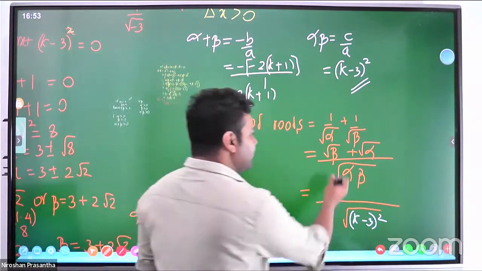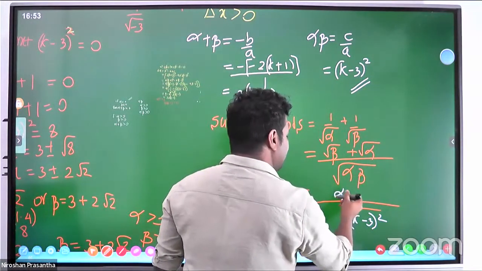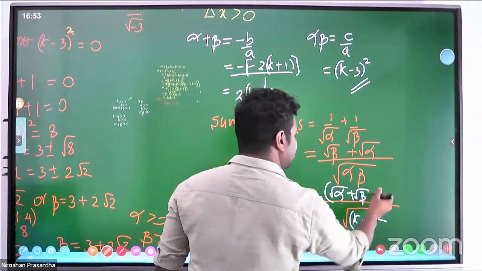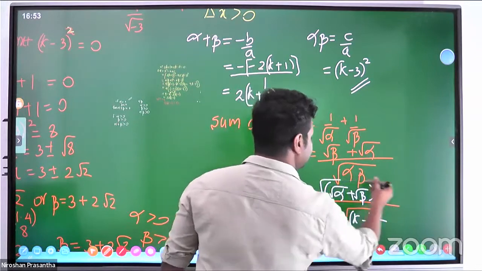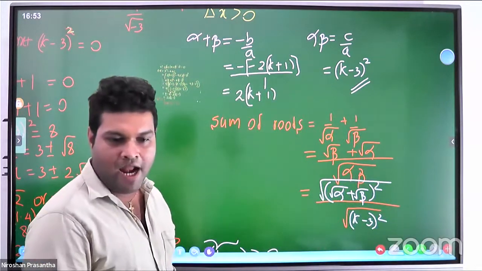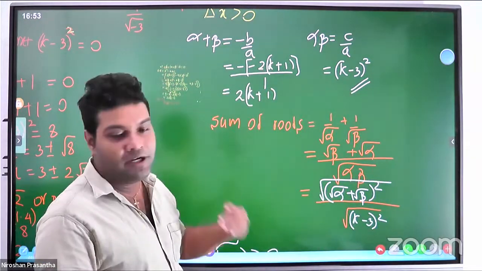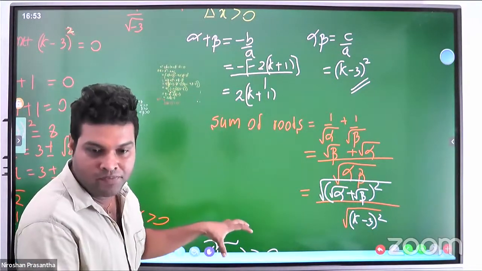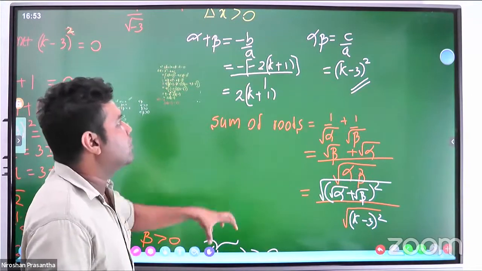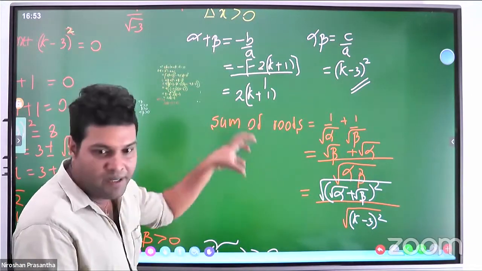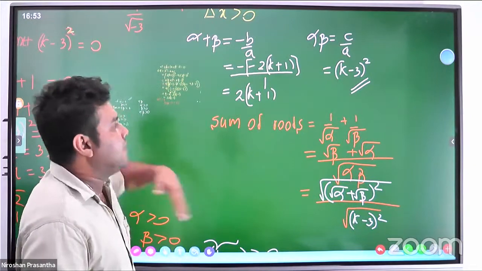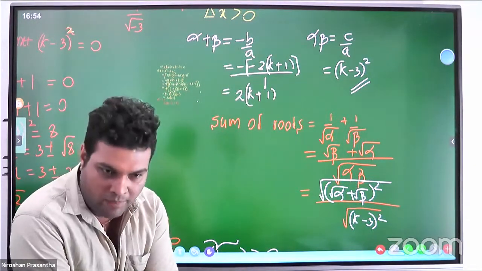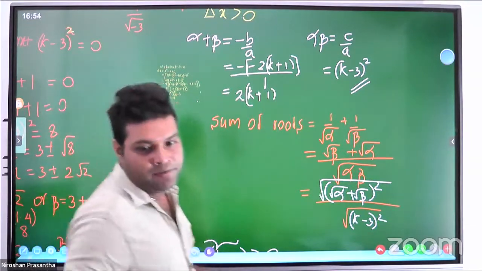Instead of this one, you must write root alpha plus root beta, the square and square root. You know it, and you have to further simplify. That's how you are getting the sum of the roots. And you must further find the product of the roots of 1 over alpha, 1 over beta within roots, and you can next generate the quadratic equation that they expect. Okay, you can do it alone.